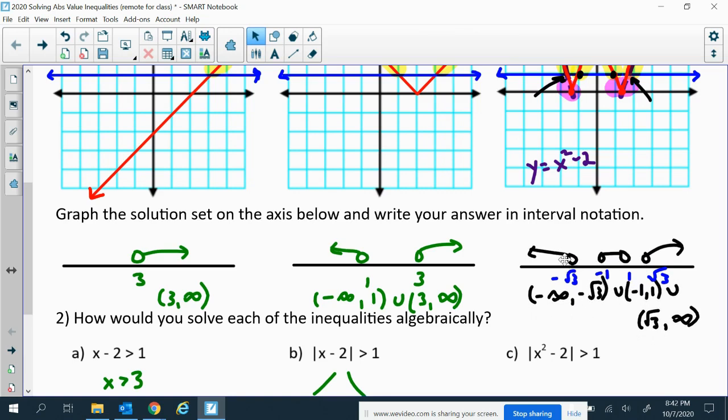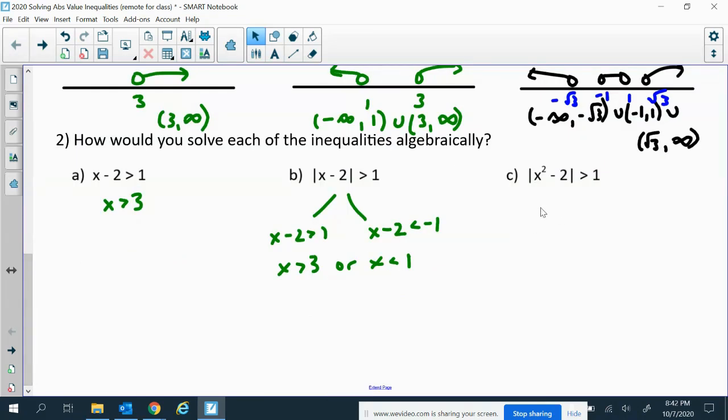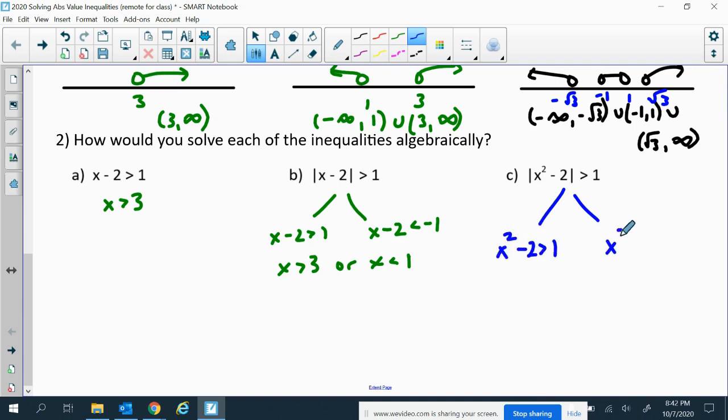Oops, looks like I'm not going to be able to move it, but you can still see it. If I'm looking at how to solve this, I would still break this into 2 cases because the absolute value is by itself. Then I get x squared greater than 3 and x squared less than 1.